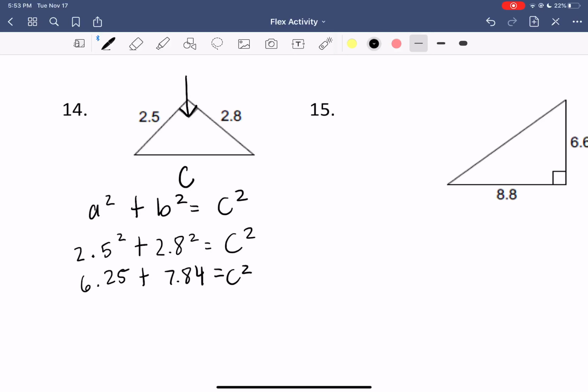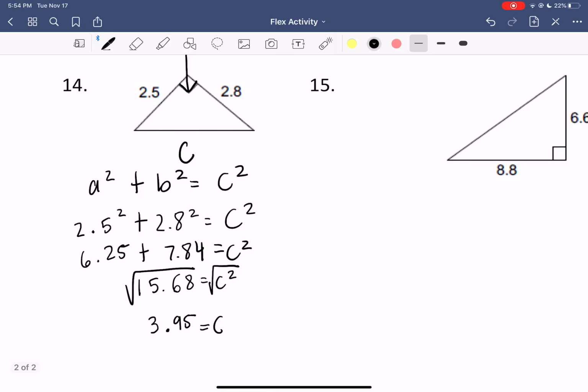So then we're going to take 6.25 and add 7.84. And that leaves us with 15.68 equals c squared. And since we're just looking for c by itself, we have to take the square root of both sides. And then that leaves us with 3.95. But then again, we have to round to the nearest tenth. So this right here would round up, so we're going to look at 4.0 equals c.